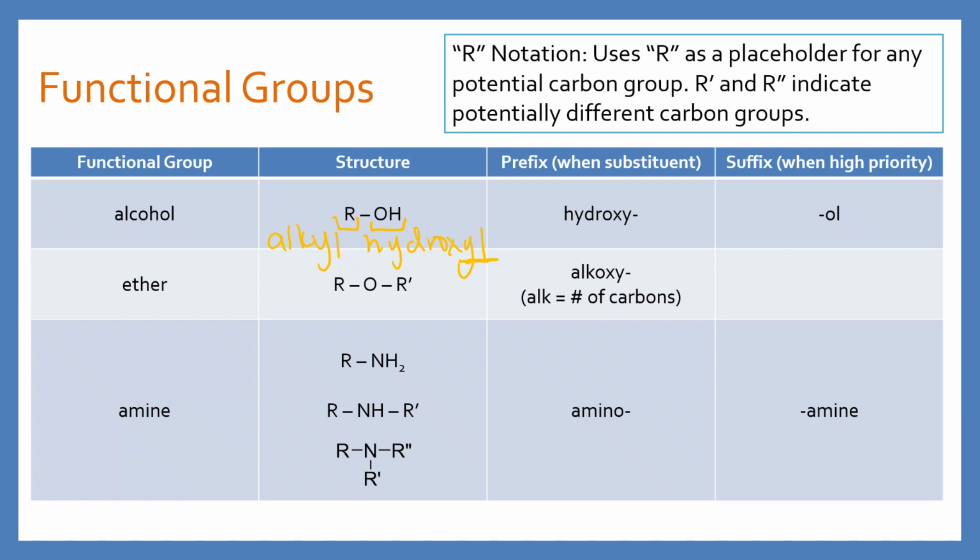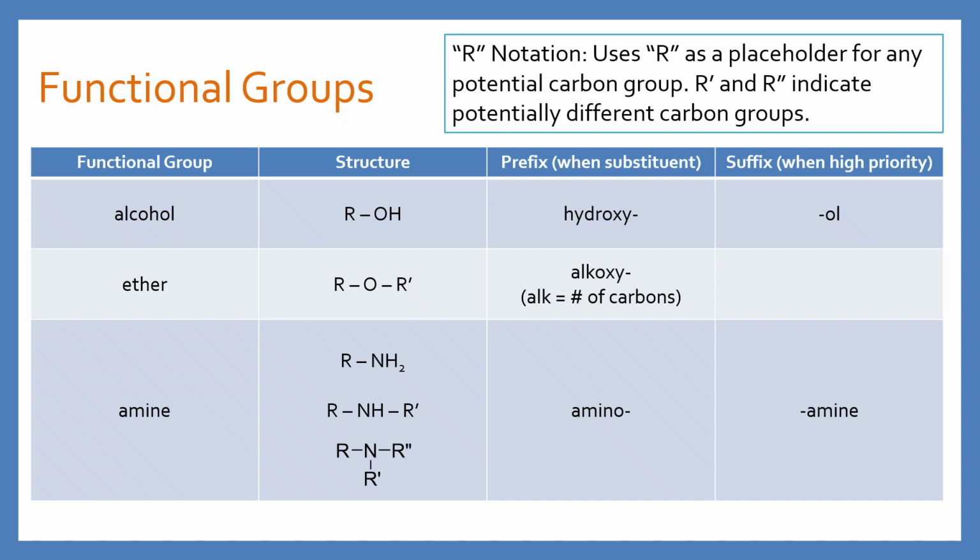And again, YL means we're talking about a piece of the molecule. So an alcohol needs an alkyl group and a hydroxyl group. I've also included some information about nomenclature here, but we are not going to be naming any of these functional groups yet. So this is more for your future reference if you would like to have all that information together.